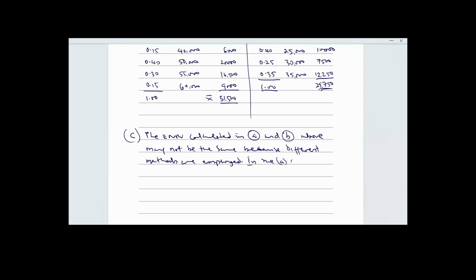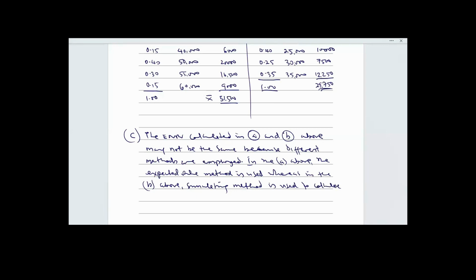In the A above, the expected value method is used, whereas in the B above, the simulation method is used to calculate the expected net present value.